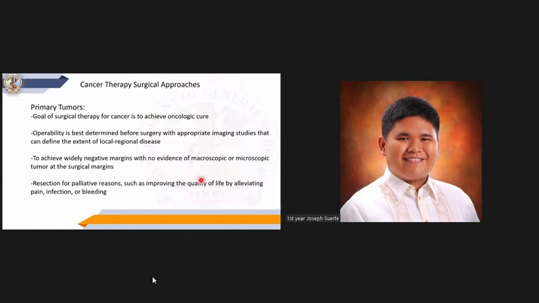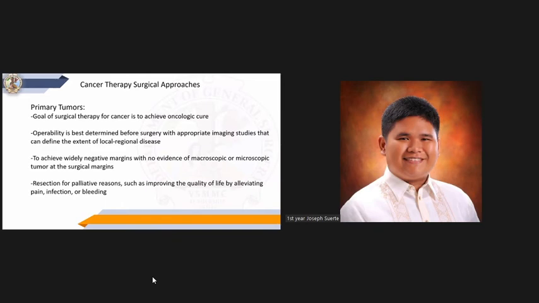So for cancer therapy surgical approaches, for our primary tumors, the goal of surgical therapy is always to achieve oncologic cure. So operability of a tumor is best determined before surgery with appropriate imaging studies that can define the extent of local regional disease, to achieve widely negative margins with no evidence of macroscopic or microscopic tumor at the surgical margins.